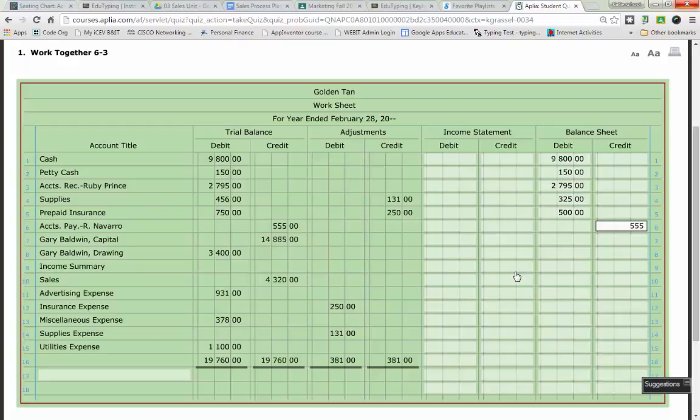Gary Baldwin drawing. Katie. Classification? Did I say drawing? Yeah. I meant to say capital. Sorry, you are right. Classification.